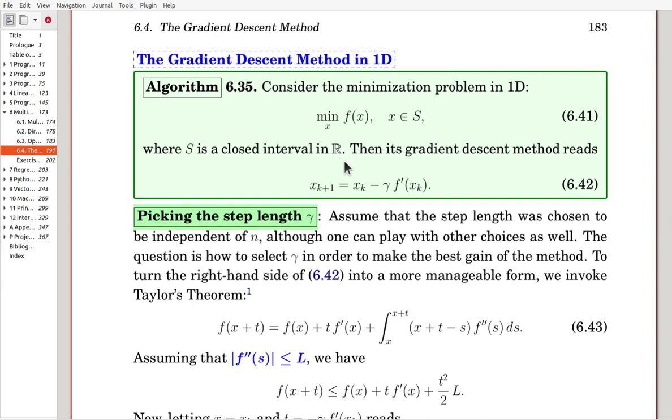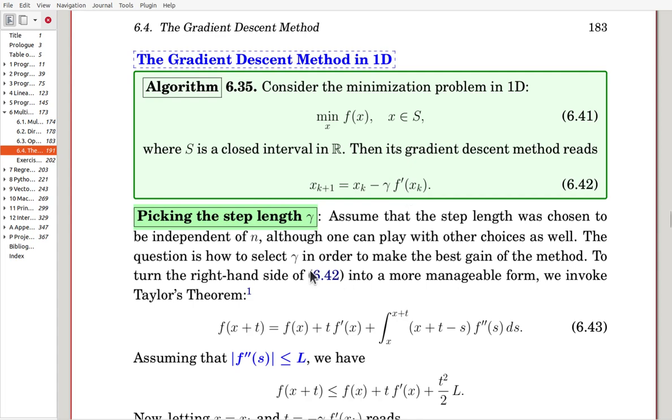Then the gradient descent method can be formulated in this way. x_{k+1} is xk minus gamma f prime at xk. That is the derivative; minus the derivative is minus the gradient.